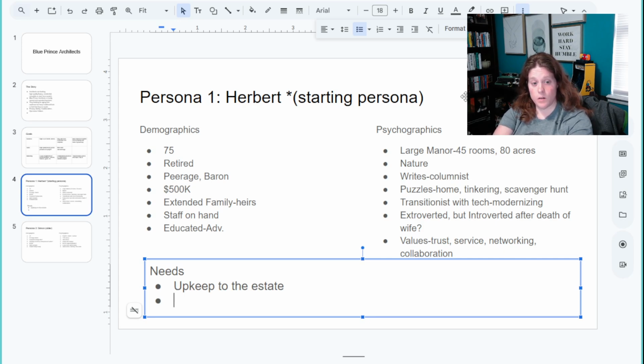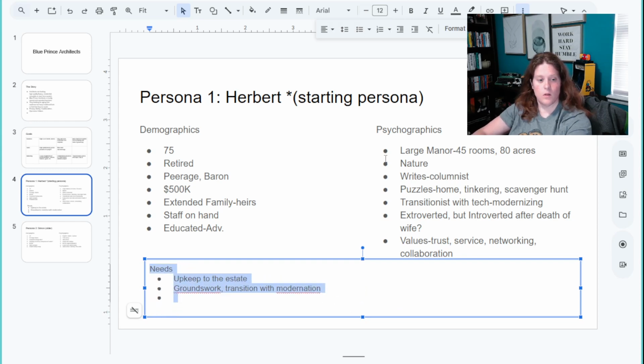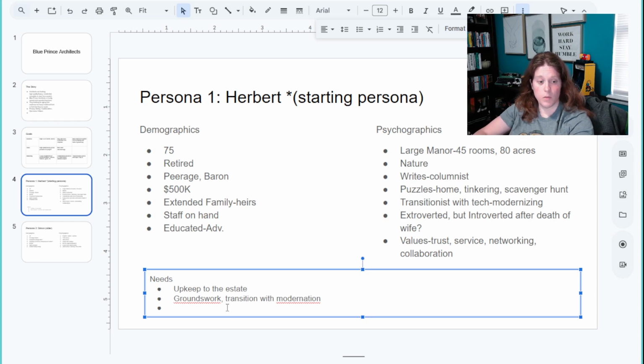You're going to need grounds work or transition work, like her work did, where they put more technology in, with modernization. Things like that.